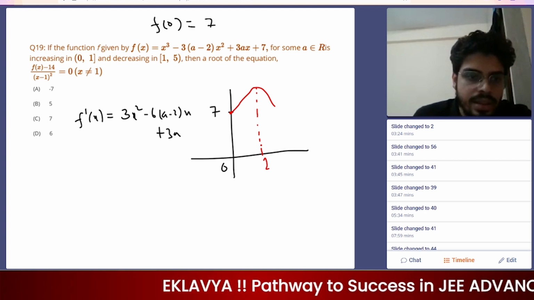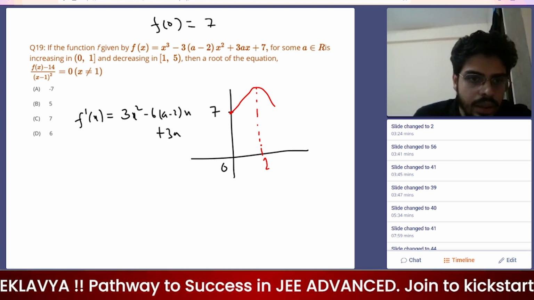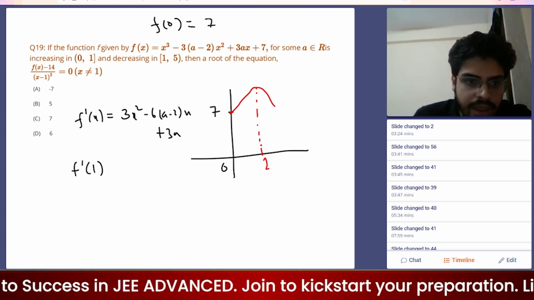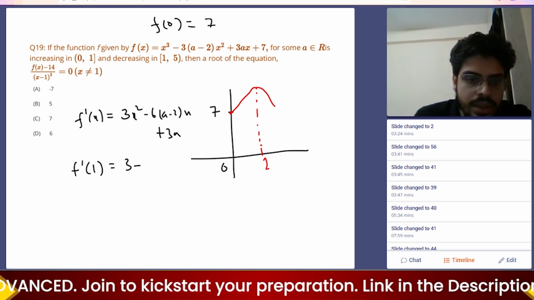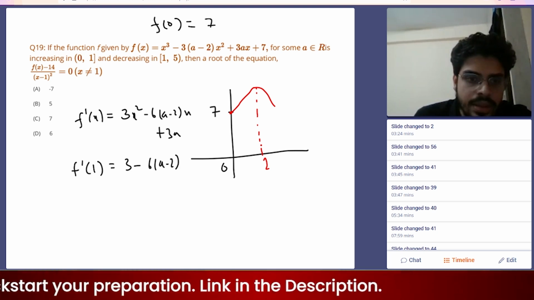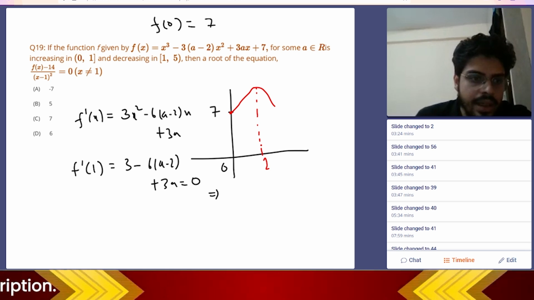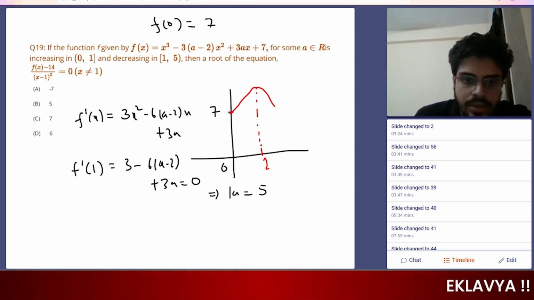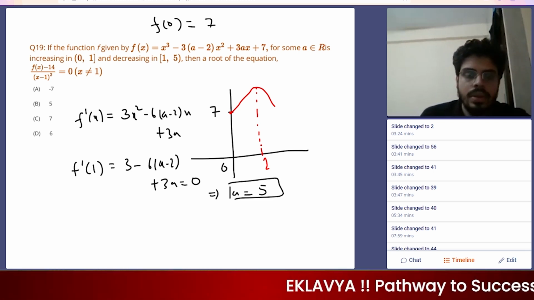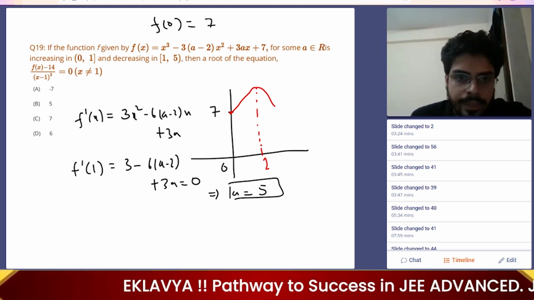At x equal to 1, f dash x is 0. So this will be 3 minus 6 times (a minus 2) plus 3a. So from here I get the value of a as 5. Okay, so a is equal to 5.